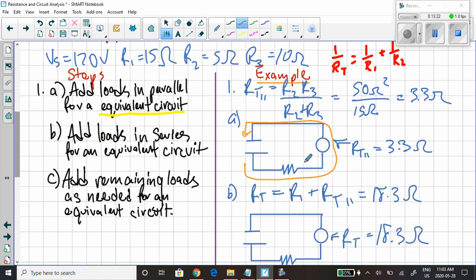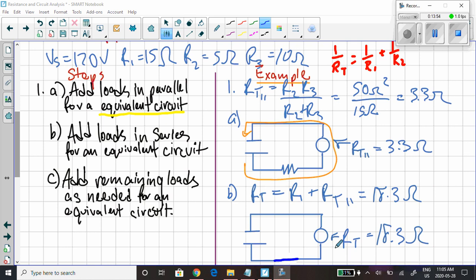So now we have R1 right here, which is 15 ohms, plus the 3.3 ohms that is from adding the two in parallel, and we get 15 ohms plus 3.3 ohms gives me 18.3 ohms when these two are added together. All right.